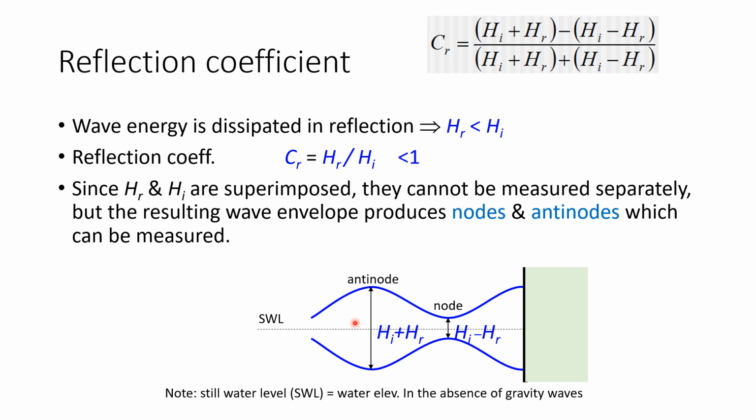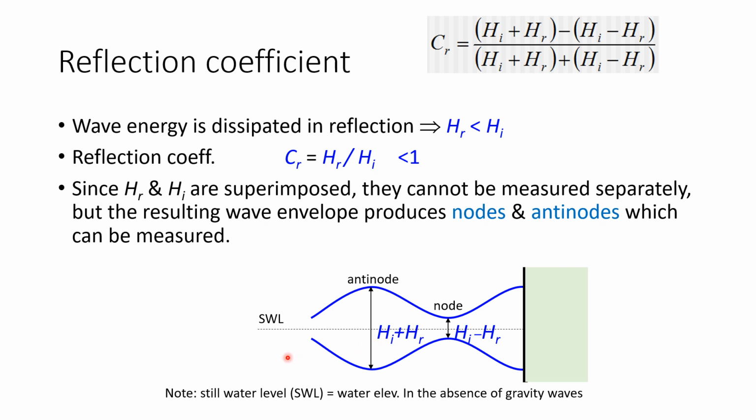Of course, as we discussed previously, if there's no energy loss, then HR equals HI, the node will be 0, and the antinode will be 2HI. But now we're talking about a real situation where HR has a smaller value than HI, so the antinode is given by HI plus HR, whereas the node is given by HI minus HR. So it is possible for us to measure the antinode and the node.